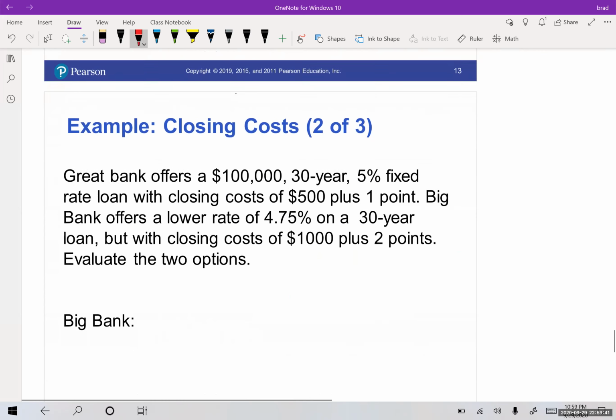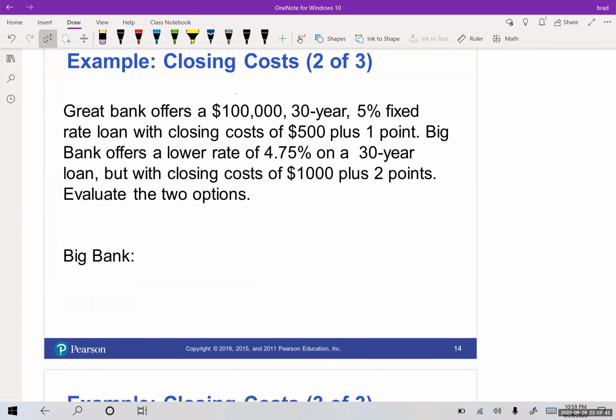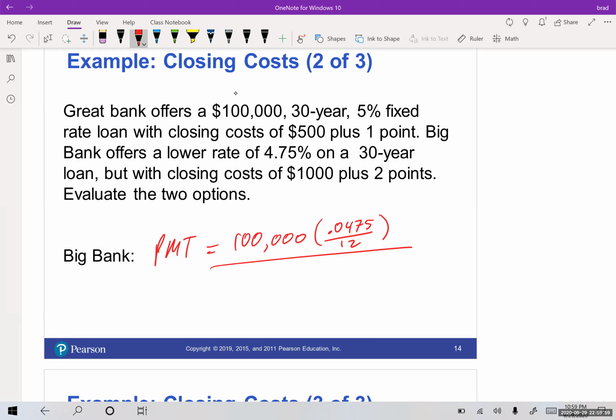Okay, now let's look at Big Bank. Let's do the same problem. Big Bank is going to be PMT, and this will be 100,000, same problem, right? But they have a better rate, just a little bit better, divided by 12. All over 1 minus (1 plus 0.0475 divided by 12) to the negative 12 times 30.